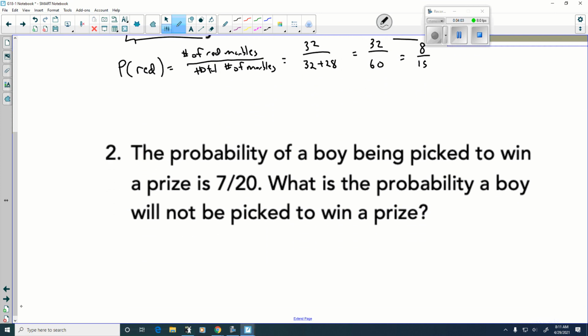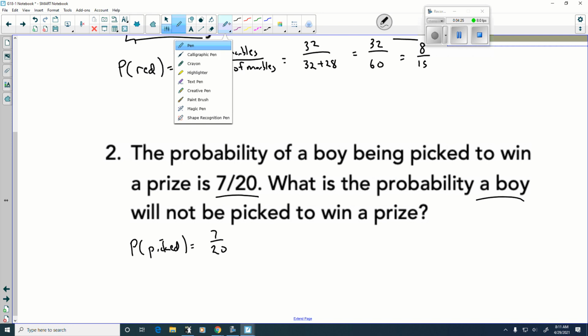Let's look at number 2. The probability of a boy being picked to win a prize is 7/20. What's the probability a boy is not picked to win a prize? So the probability he's picked is 7/20. So what's the probability he's not picked?